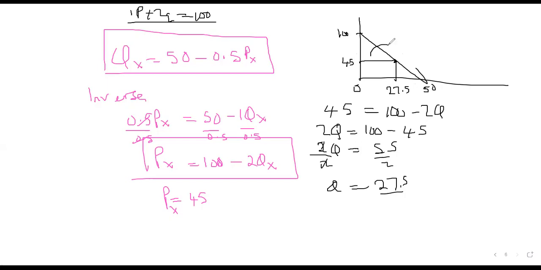So this area here is called the consumer surplus. So from here, 45 to 55 to 100, what do we get? 55. So the base is 27.5. The height from here to here is 55.